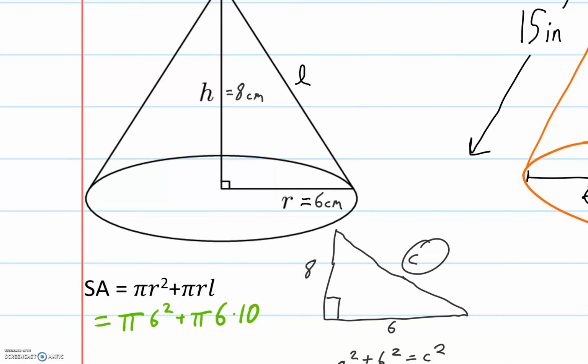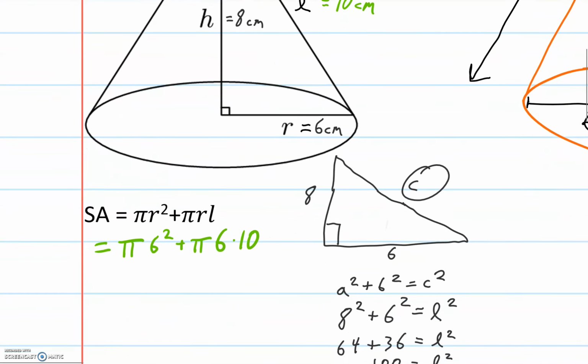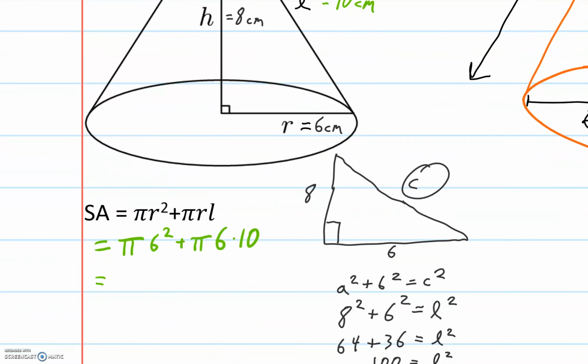Now we just have to multiply all those things out. 6 times 6 is 36, times pi, plus 6 times 10 is 60, times pi. Then we add those together and we get 96 pi. If we type that into our calculator, we end up with 301, or rounding, about 302 centimeters squared.